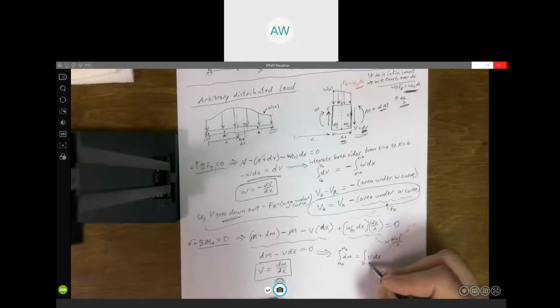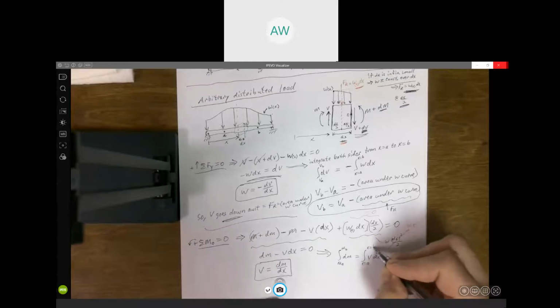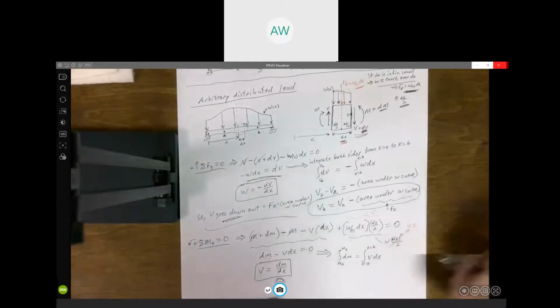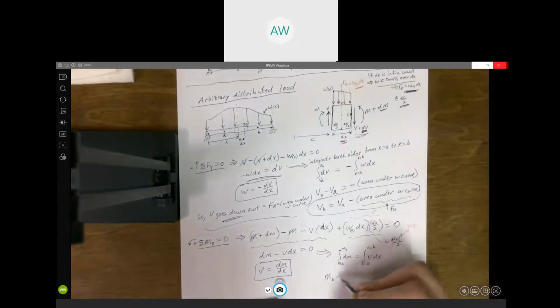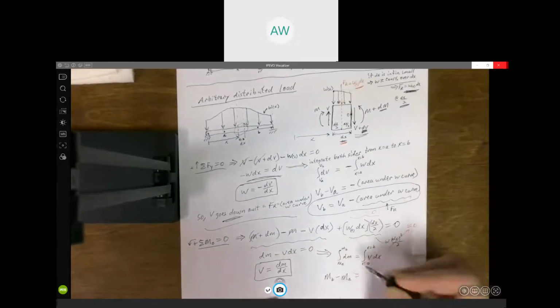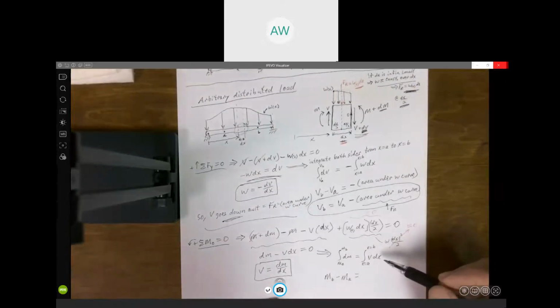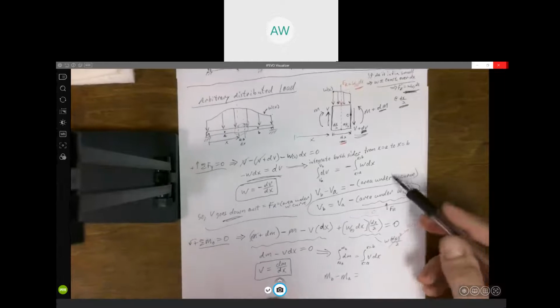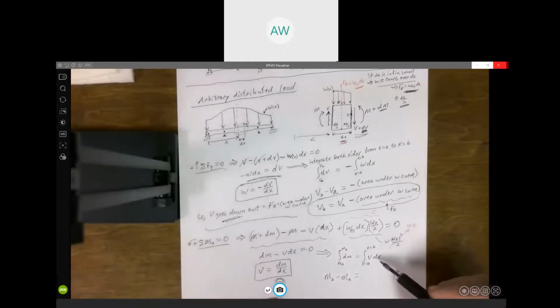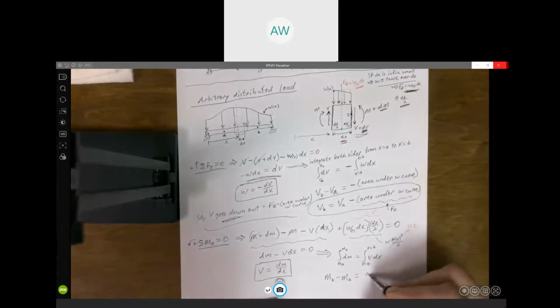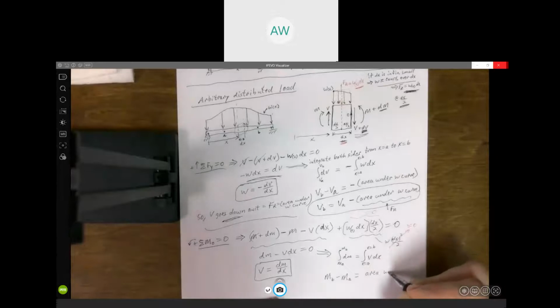Again, this is from x equals a to x equals b. And we integrate, we get M_B minus M_A. When you integrate dM, you just get M. And just like we did up here, if we integrate this shear function V, what we get is the area under the shear curve.